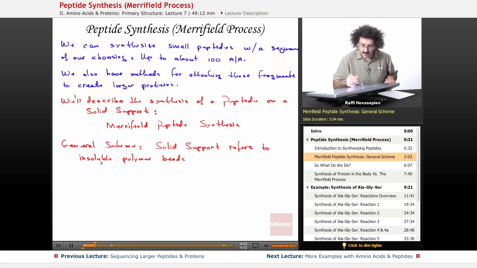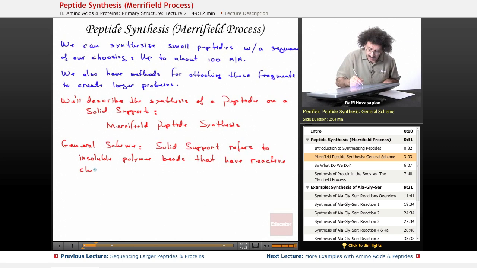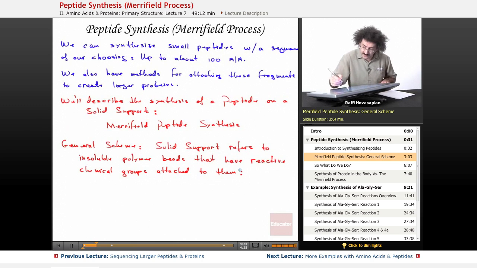So solid support refers to insoluble polymer beads that have reactive chemical groups attached to them. And they look like this.